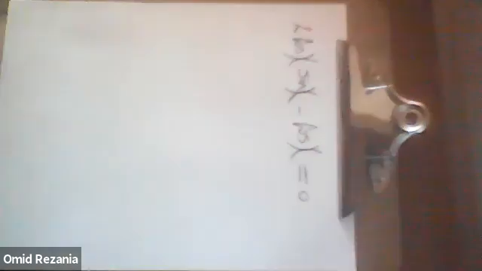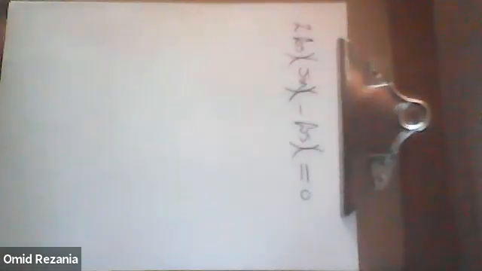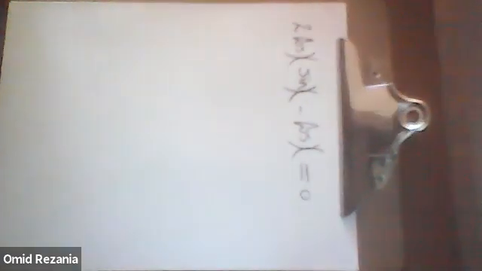I have 2 times cosine x sine x minus cosine x equals 0. Everyone can see what I have written there? Yes, it's clear. 2 cosine x sine x minus cosine x equals 0.